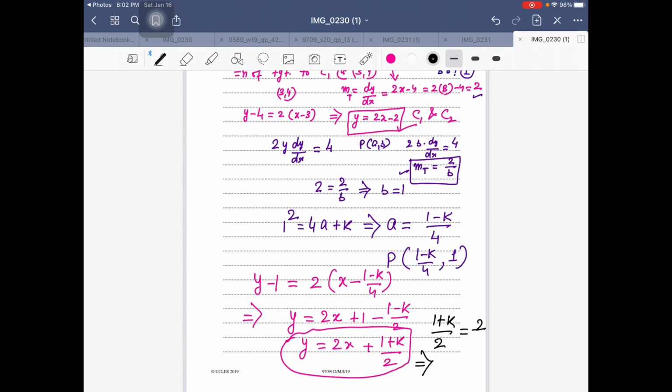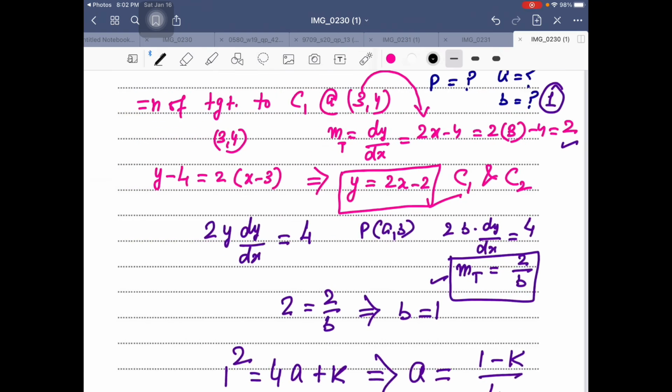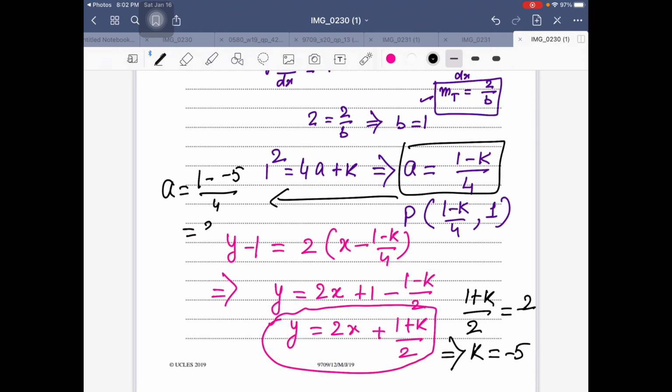So 1 plus k is minus 4, which means k is equal to minus 5. Once we have k, we can find a also from this equation: a equals (1 minus k) over 4, and with k equal to minus 5 that is 6 over 4, which is 3 over 2. So a is 3 over 2.